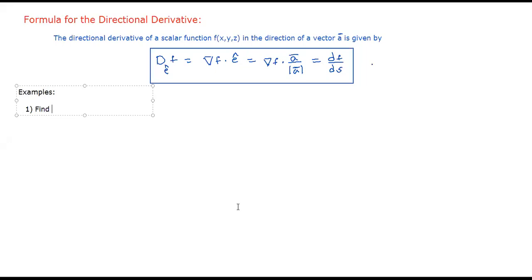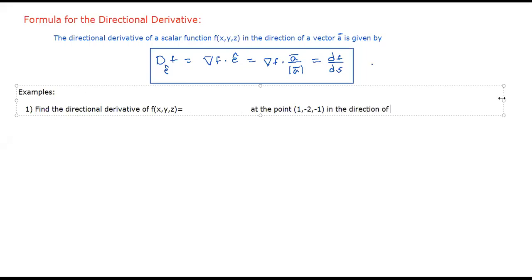Find the directional derivative of f of x y z at the point 1, minus 2, minus 1, in the direction of the vector, let us say a bar equal to 2i bar minus j bar minus 2k bar.